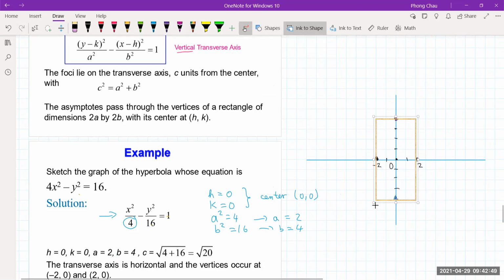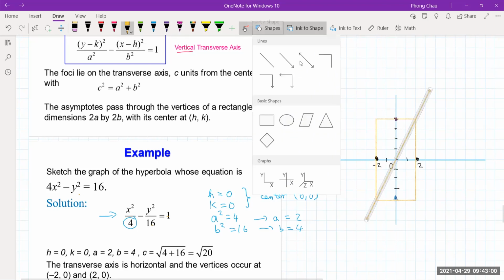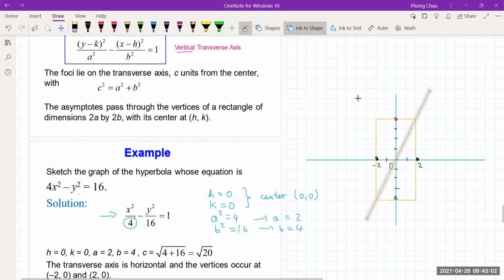Okay, and then the second line, that's the line through the corner.